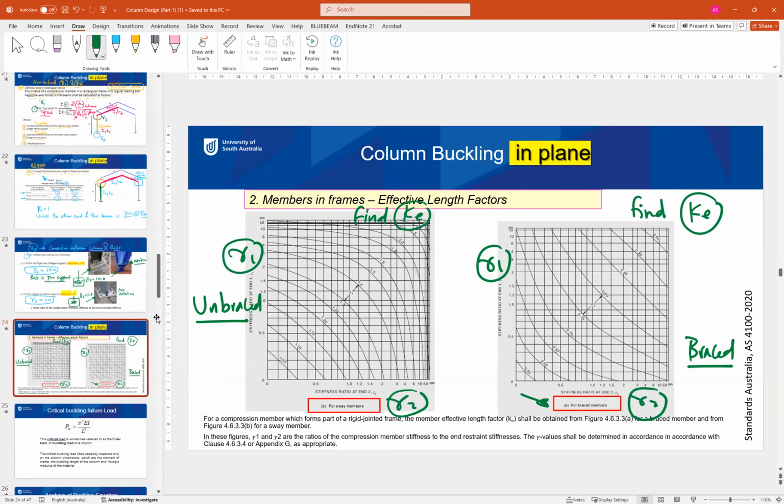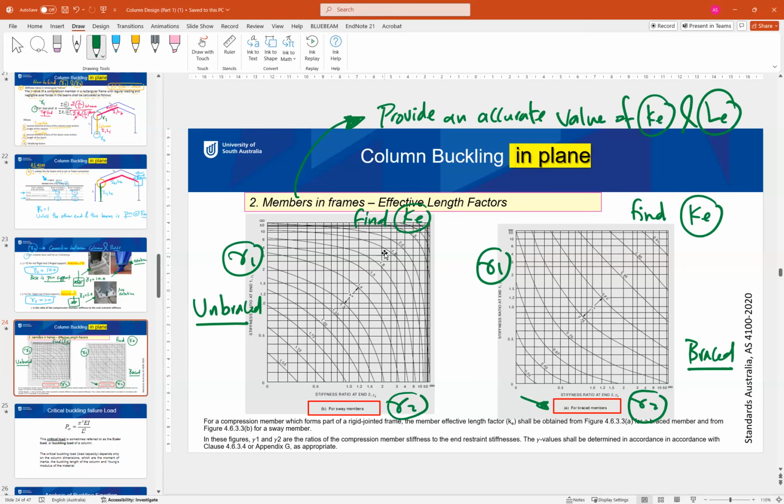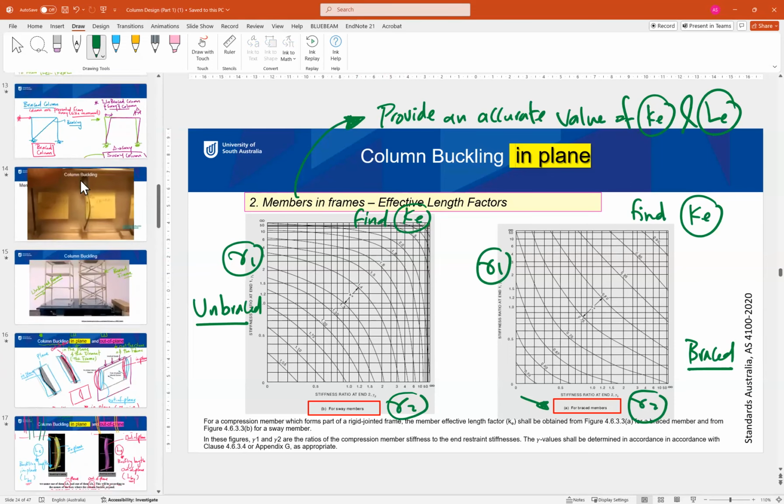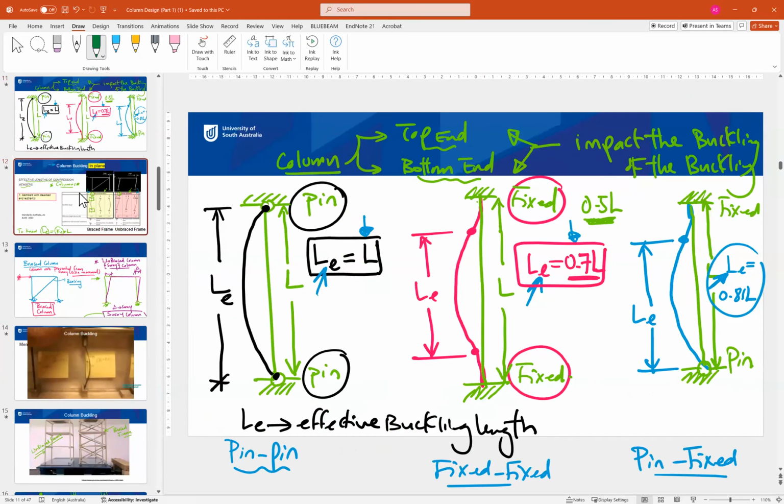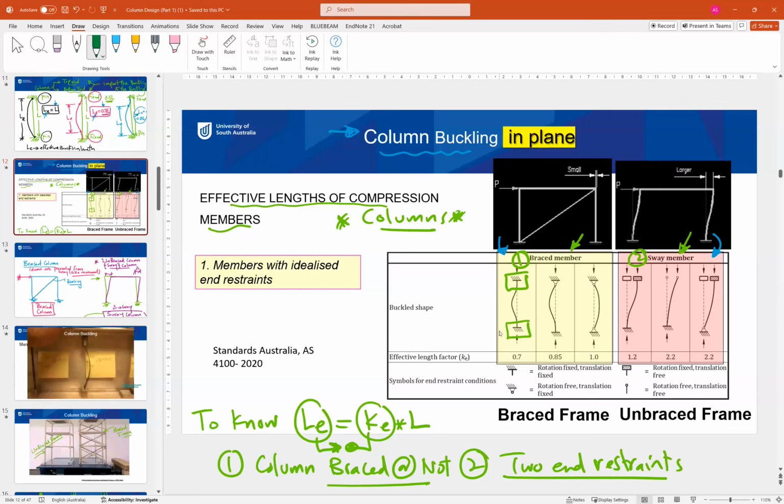So this method will give us an accurate value of KE and LE. But in our calculation, again, we will use the first method, which is the values from the table. So again, we will be using this method to calculate the values for KE and LE.